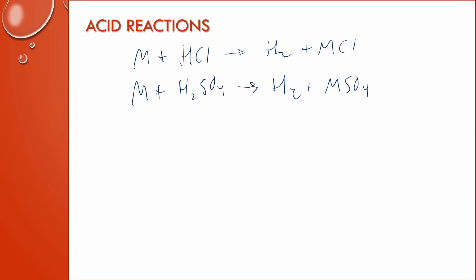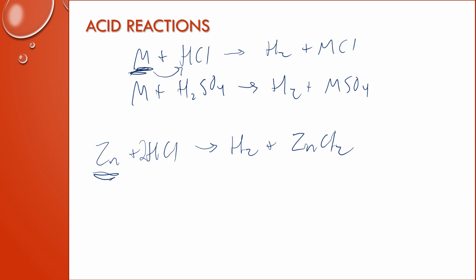But the metal that's by itself, that's reacting with the acid, has to be more active than hydrogen. And hydrogen is also included on the activity series. So let me give you an example. If I have like zinc reacting with HCl, zinc is higher up on the activity series. So it will be able to displace the hydrogen, and we will form hydrogen gas and zinc chloride.